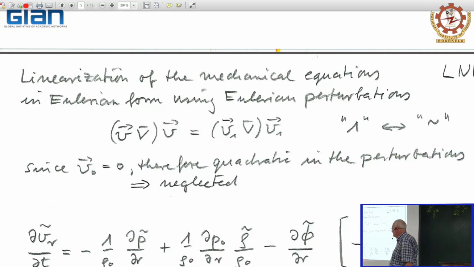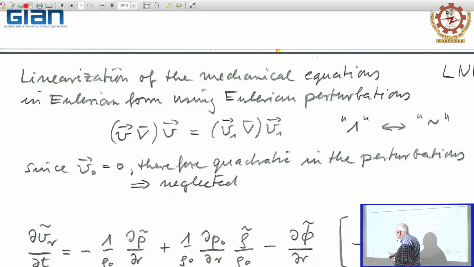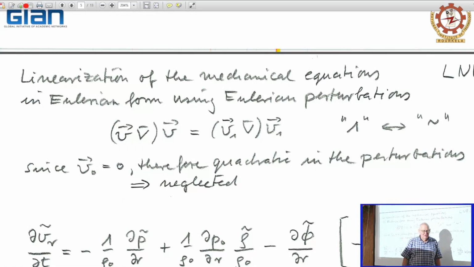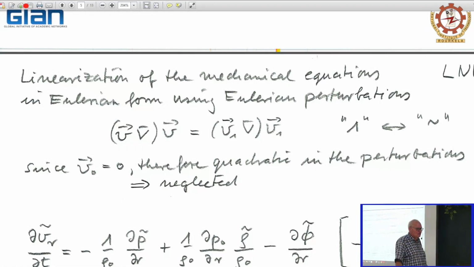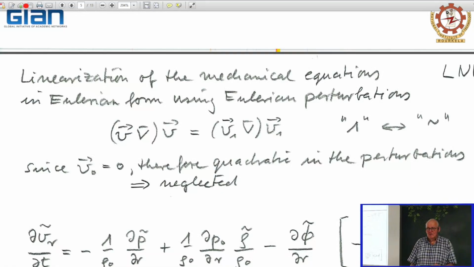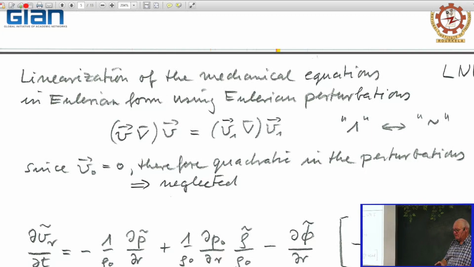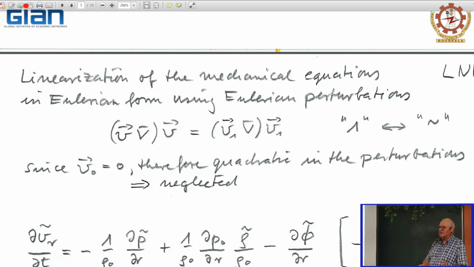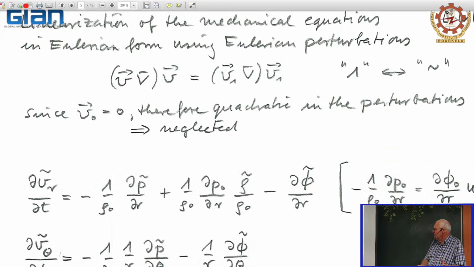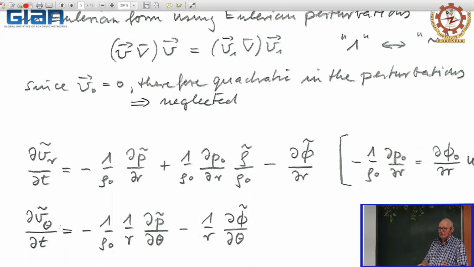Then the d by dt of the velocity which remains is simply the Eulerian derivative with respect to time of the velocity components. Any other of these terms can be neglected because they are of second order, or we have zero velocity field in our hydrostatic configuration.